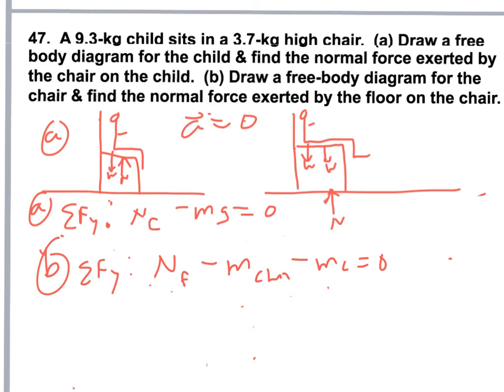So when we make that equal to 0, we take these two values and move them to the other side of the equation, because we want to solve for n sub f.